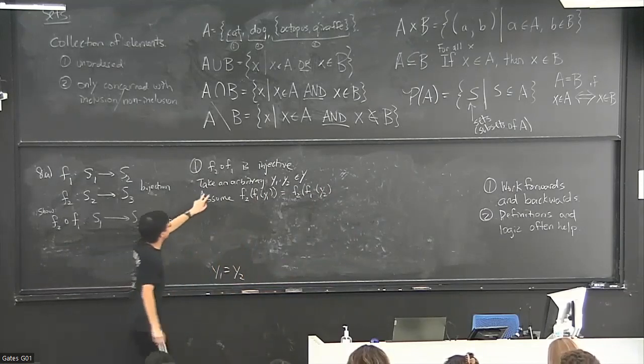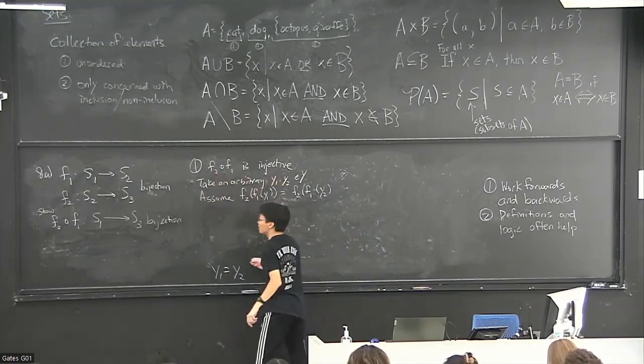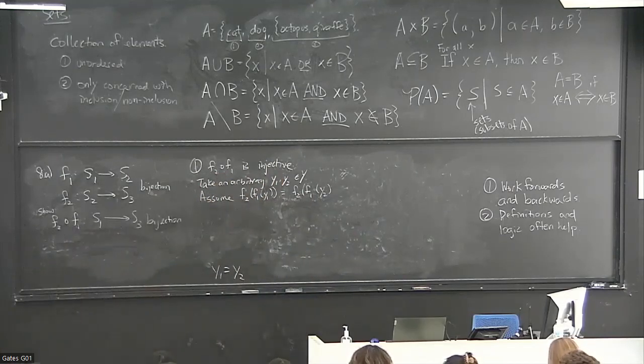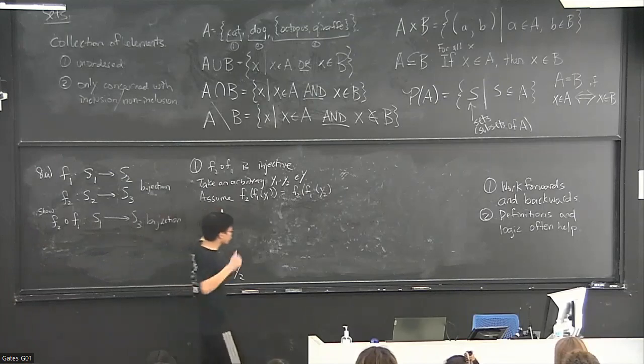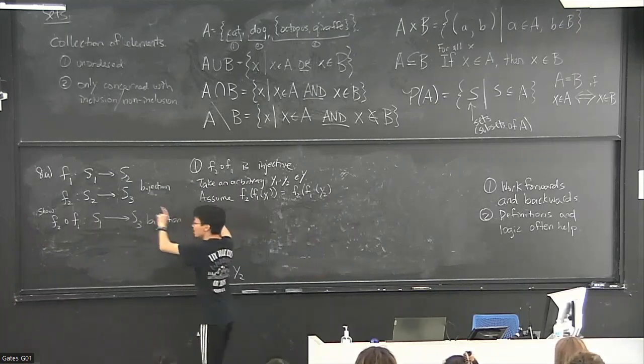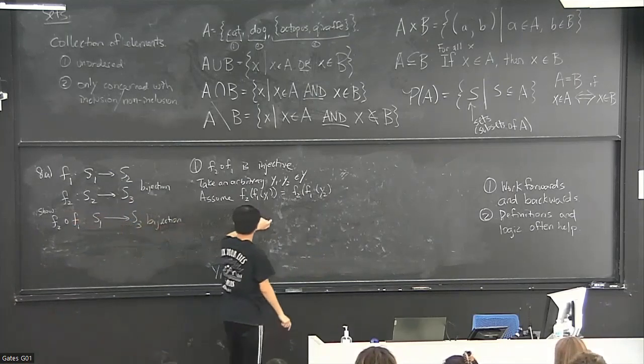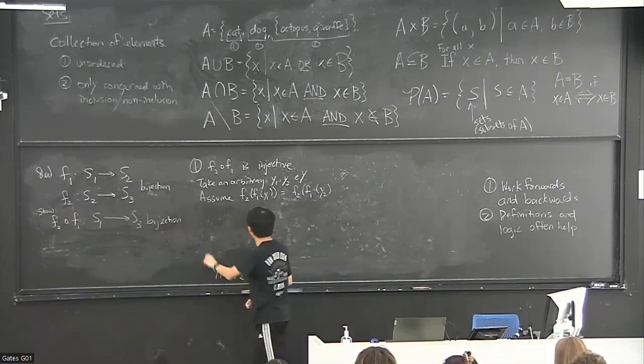We are proving that this function is injective. Injective is an if statement, so the function in question is f2 f1. So if f2 f1 of y1 equals f2 f1 of y2, then y1 is equal to y2. That's why we're proving that if statement. We're assuming the stuff after the if. We want to get to the stuff after the then.